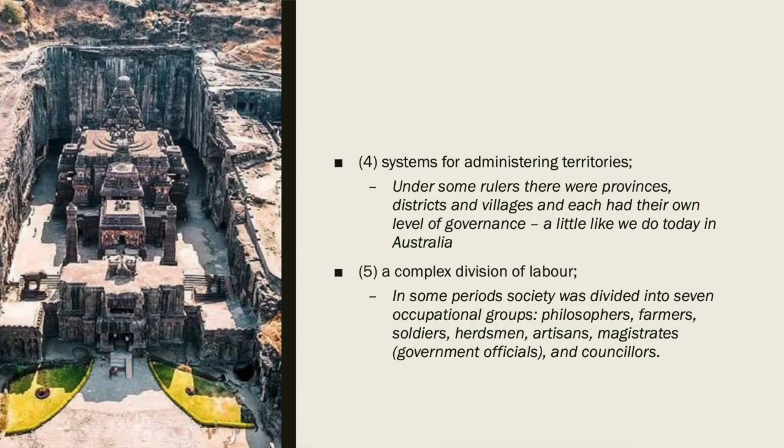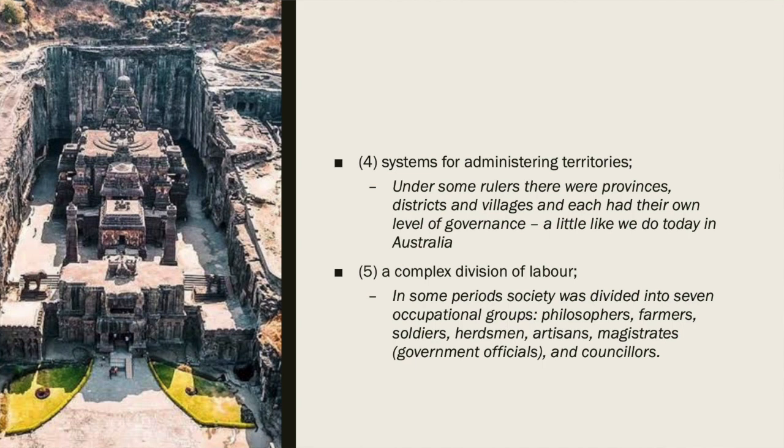Okay, so a system for measuring, for administering territories. The image I've got here is again just some of the amazing religious architecture they did, because I didn't really have any images for their administration or how they divided people into their division of labour.